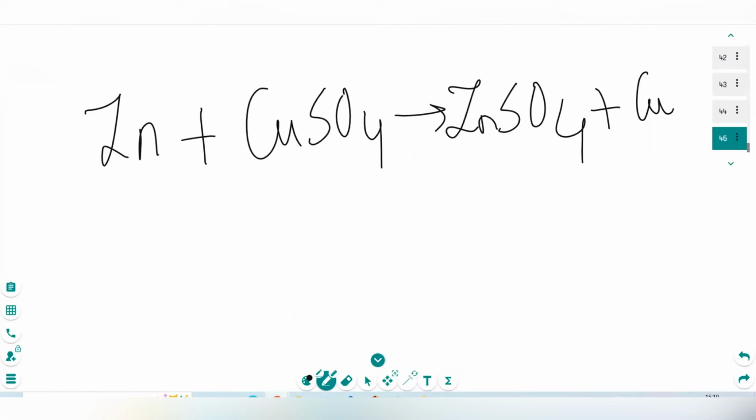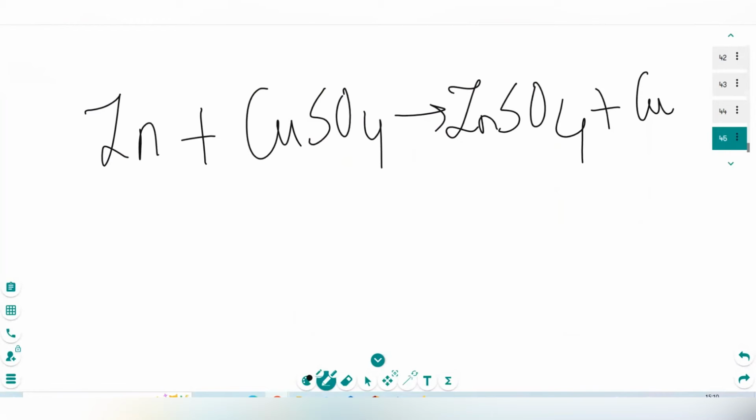What happened? Displacement. How can you say displacement happened? Because Zn has replaced copper from the CuSO4 solution, ZnSO4 is formed and copper is removed.